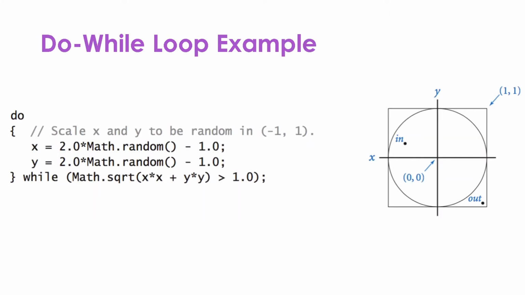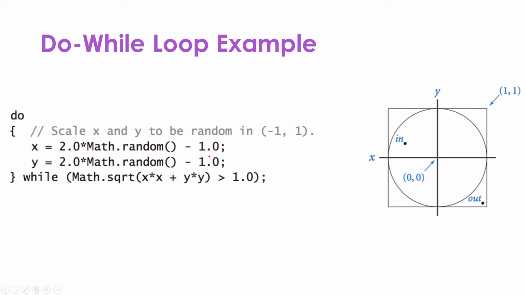Here's essentially a do-while loop. In this example, we're looking for a point that falls within our circle here. So we've got this circle, and we're trying to find a point that falls within this circle on our X and Y axis.